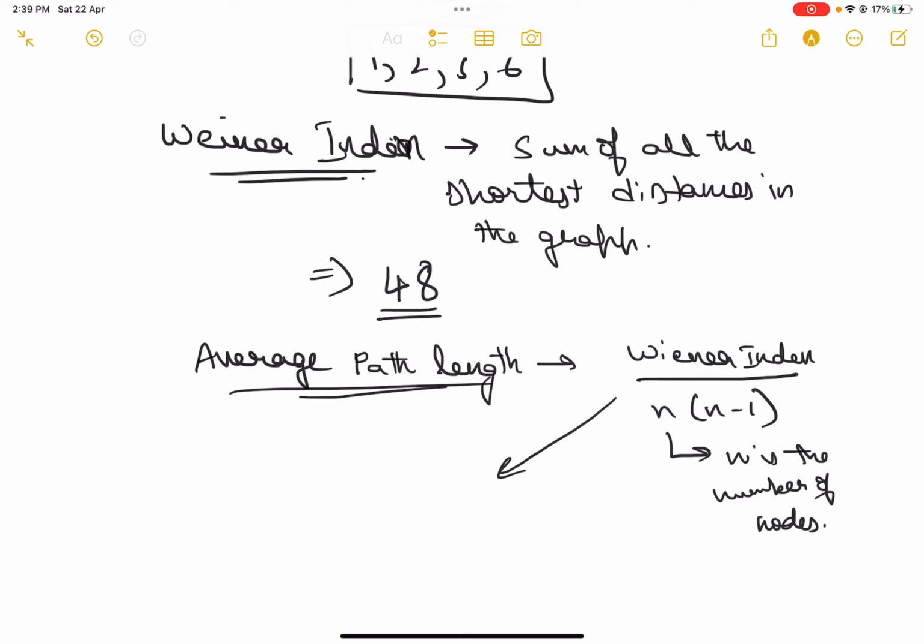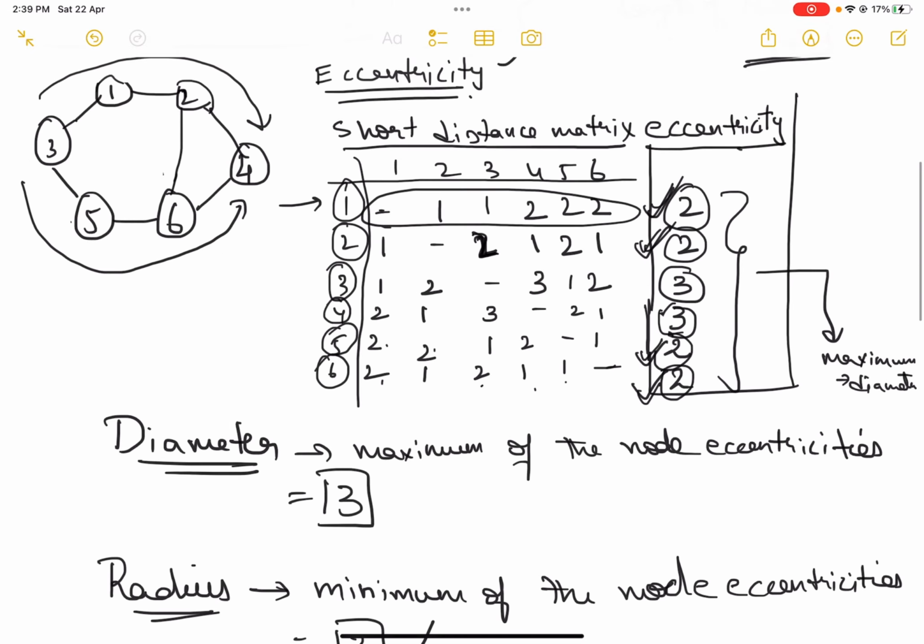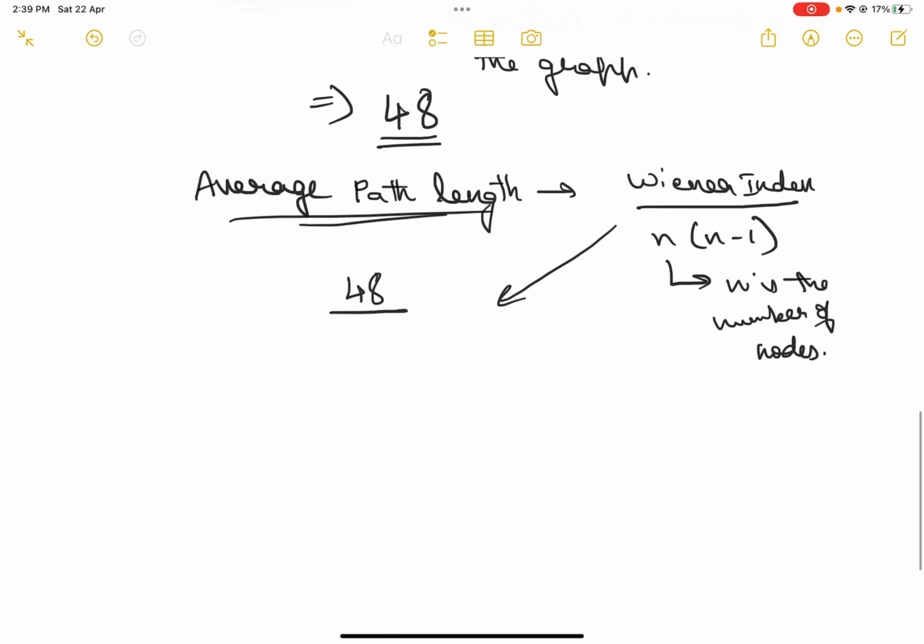So in our case, what will it be? Wiener index is 48 divided by n. We have how many nodes in our graph? We have 6 nodes in our graph. So 6 into 6 minus 1, which is 5. So 48 by 5. If you cancel this out, it is basically 8 divided by 5, which is equal to 1.6. So this is the average path length.